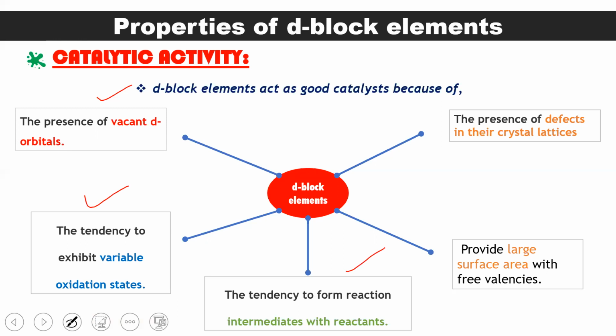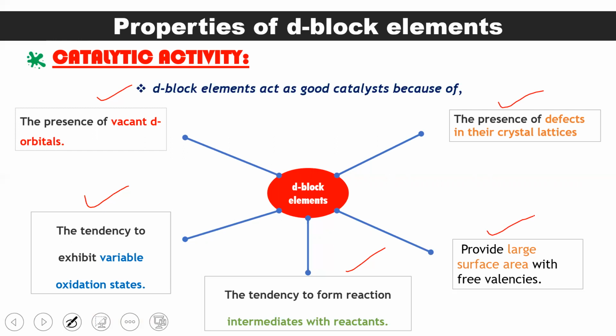That means they have the ability to form intermediates with the reactants. And another one is the presence of defects in their crystallites. And next one is that they provide a large surface area with free valences.